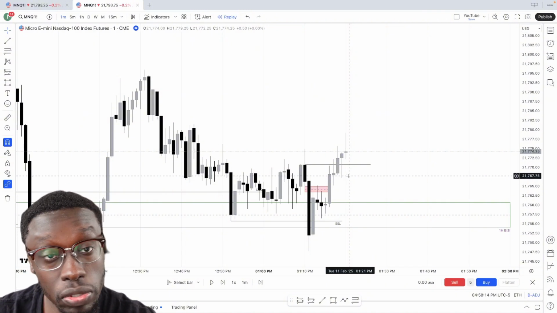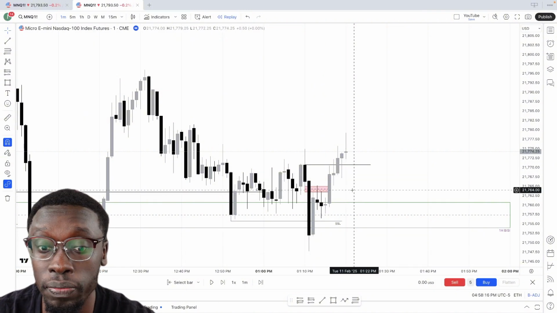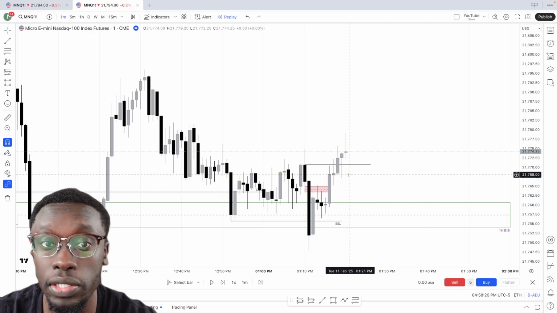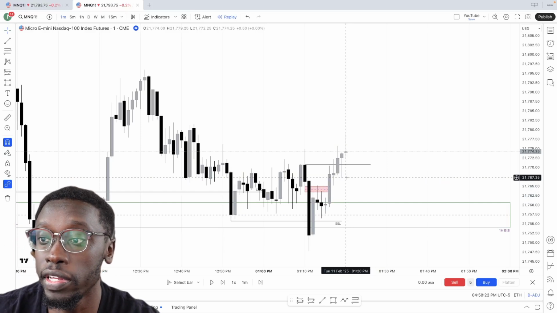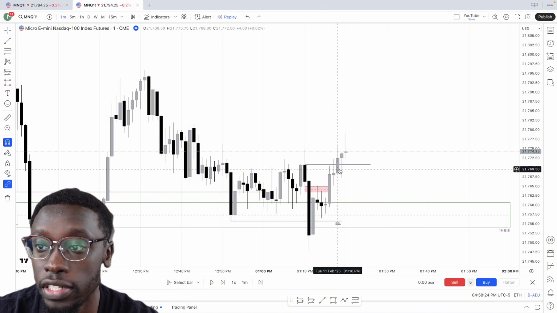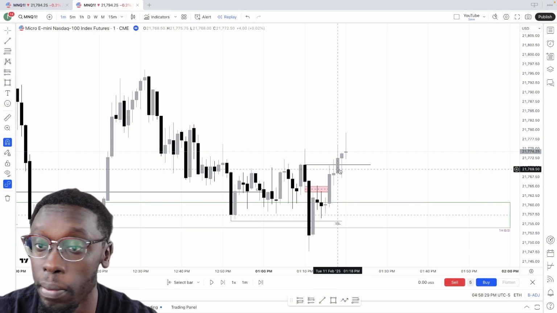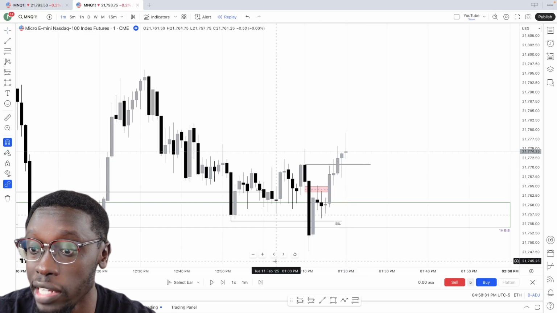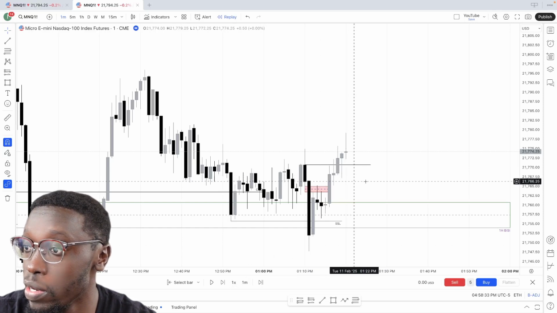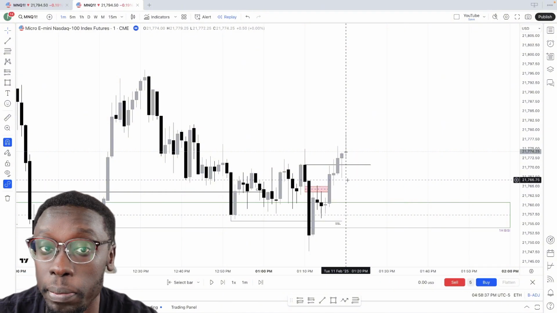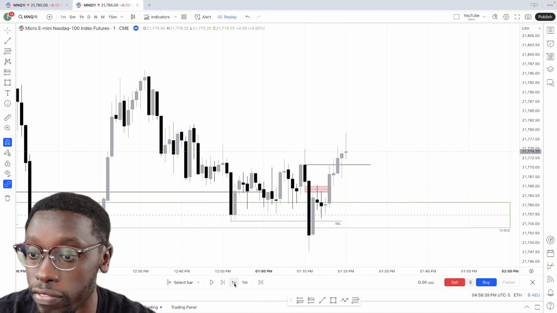However, I've also seen price tend to spool, generate liquidity, seek liquidity between the 20 to 40 minute marks as well. So that leads me to believe there is some sort of algorithmic price delivery happening at the 20 to 40 minute mark of each hour as well. So I generally do like to consider the 20 to 40 minute mark as a macro as well. So I like to take my trades within those time frames.